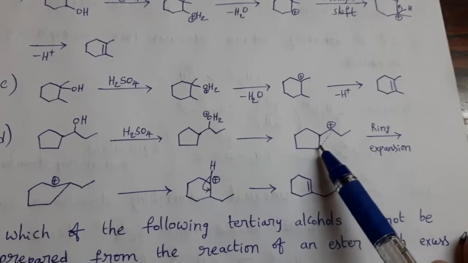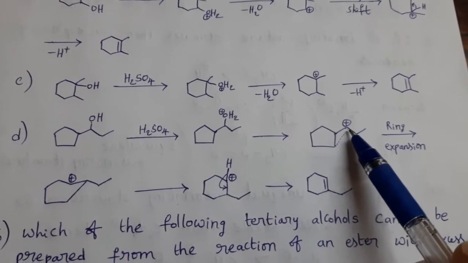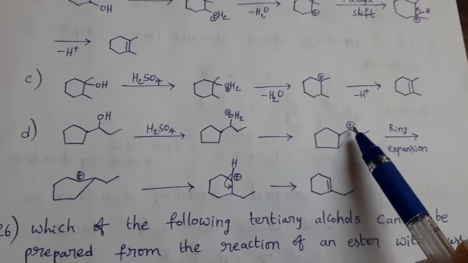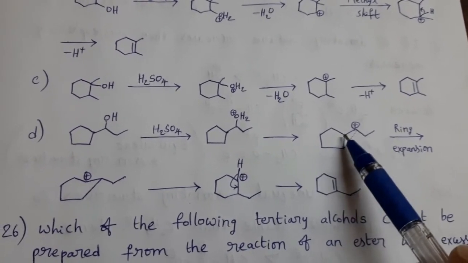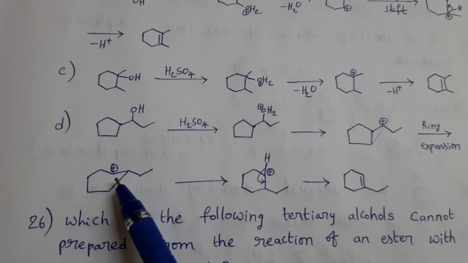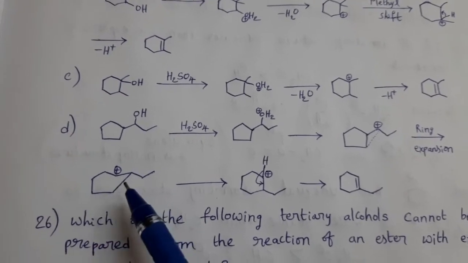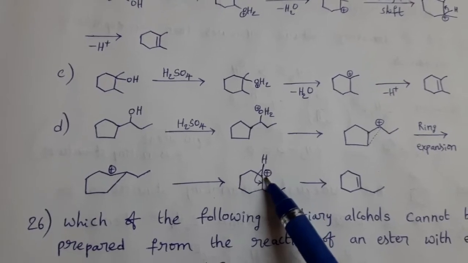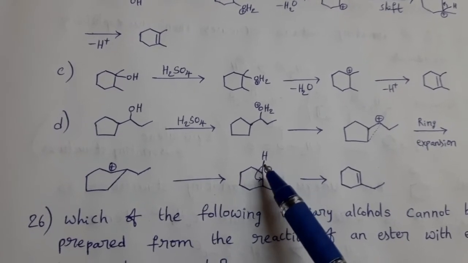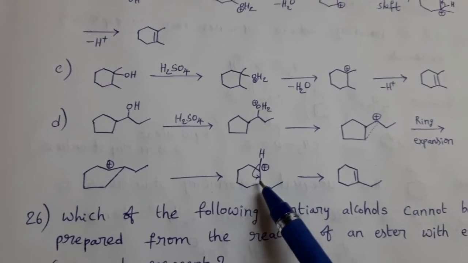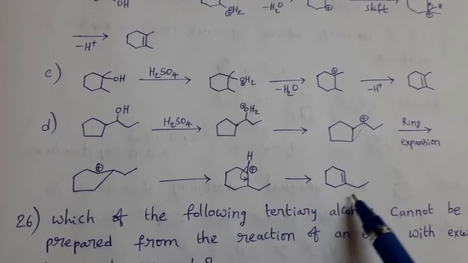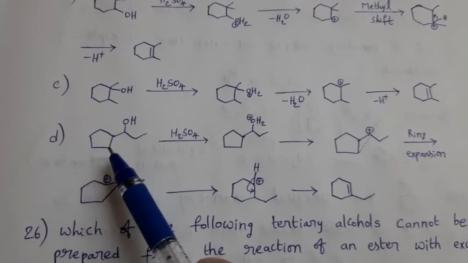And ring expansion means from this to this bond formation takes place. This bond is completely broken. Then what happens? This positive charge shifted to this carbon atom. In this way, now it is a 6-membered ring. If you write normally, this is the structure. At this carbon atom, hydrogen is present, that is removed in the form of H plus. Then double bond formation takes place in this way. So this is the product obtained from this structure.